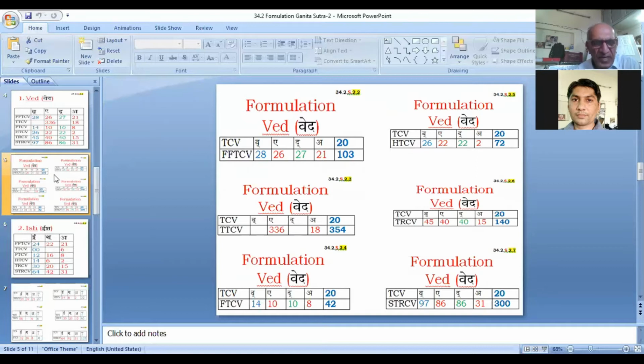The first phase is the phase of TC value 20 of formulation weight and FFTC value 103. As we have pointed that value 28 is to be taken as value 27 only, so the summation value will come to be 102.